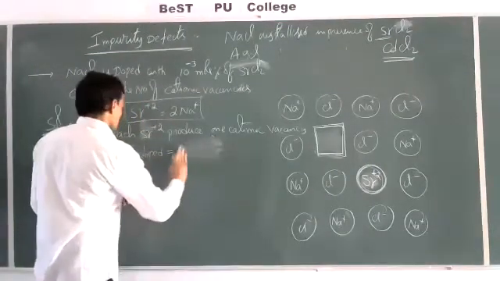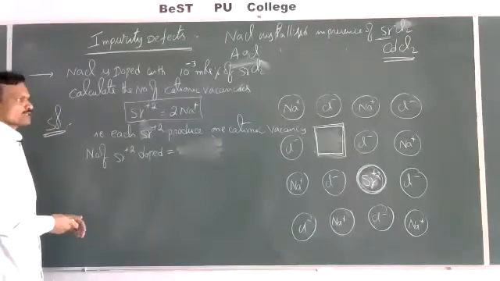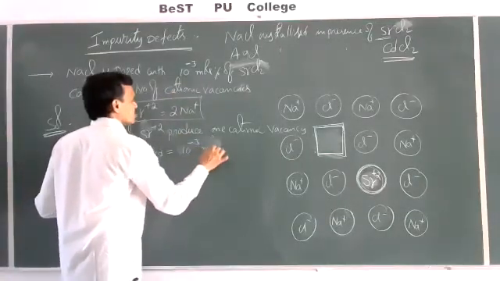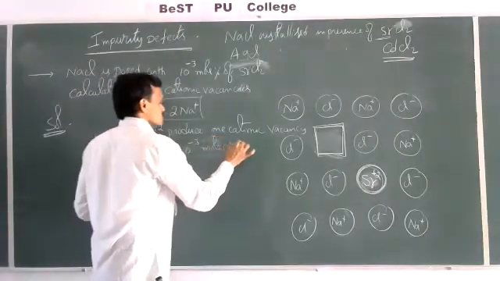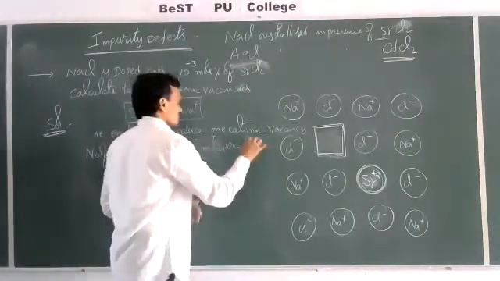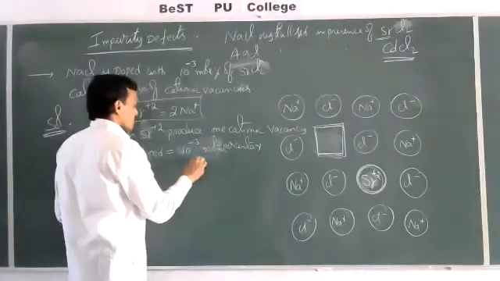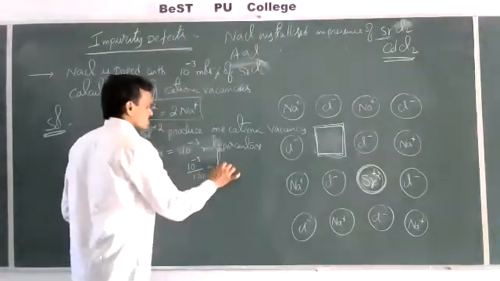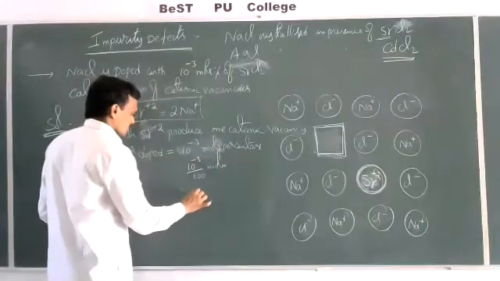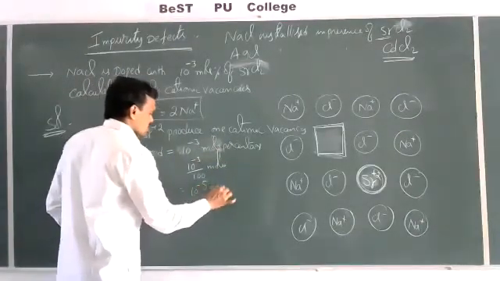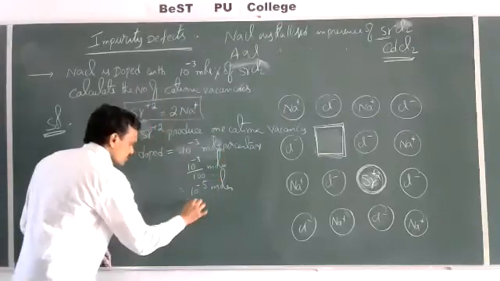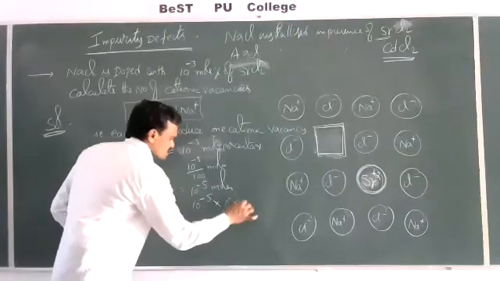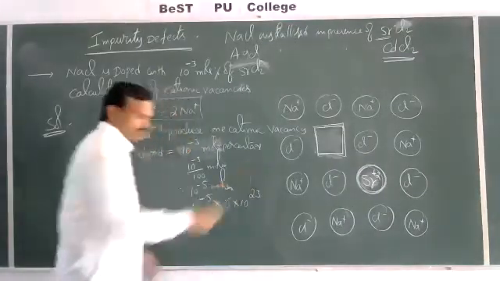So just a minute. The number of Sr+2 doped is equal to how much? 10 power minus 3 mole percentage. That is equal to 10 power minus 3 by 100 moles. This is equal to 10 to the power of minus 5 moles, which is equal to 10 power minus 5 into mole, meaning 6 into 10 power 23.